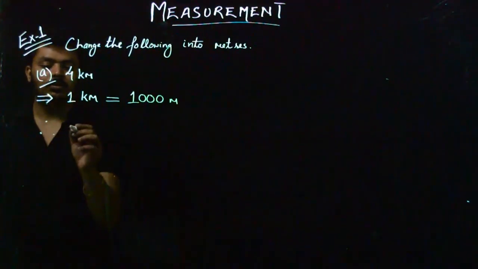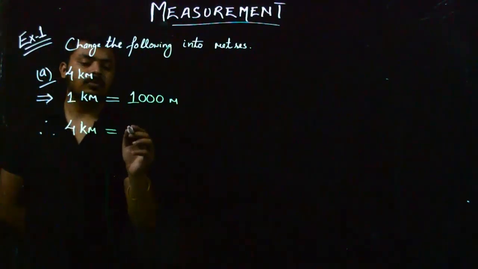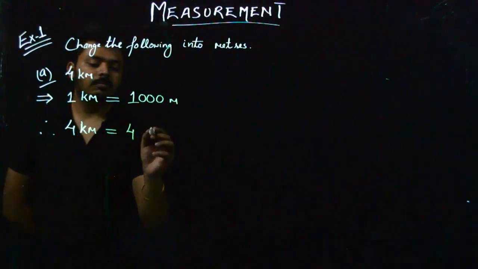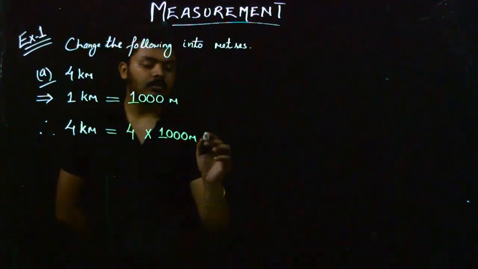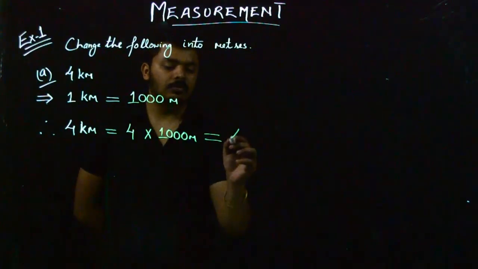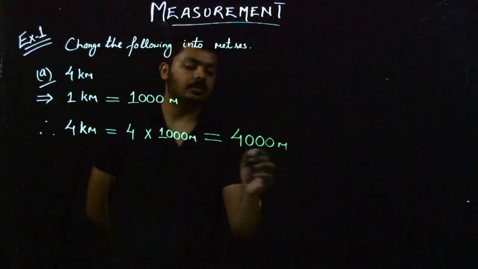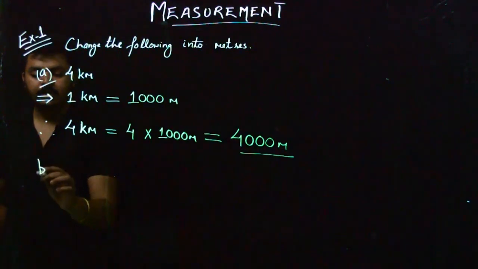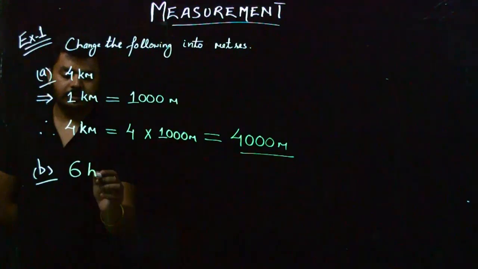Therefore 4 kilometer will be equal to 4 multiplied by 1000 meter, which is equal to 4000 meter. Similarly, let's look at part B, 6 hectometers.